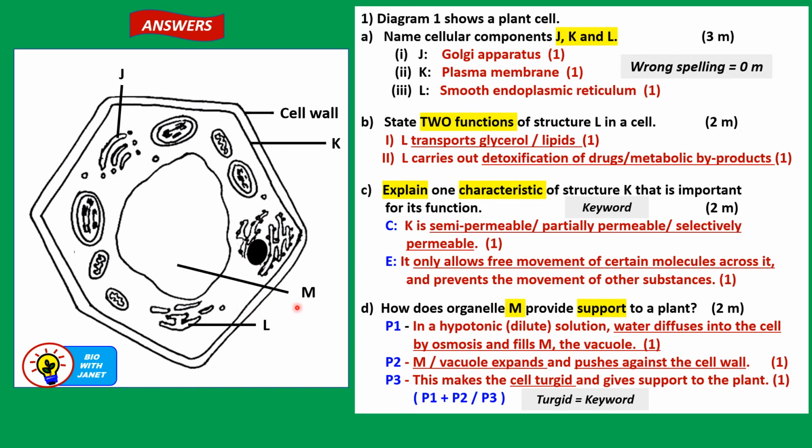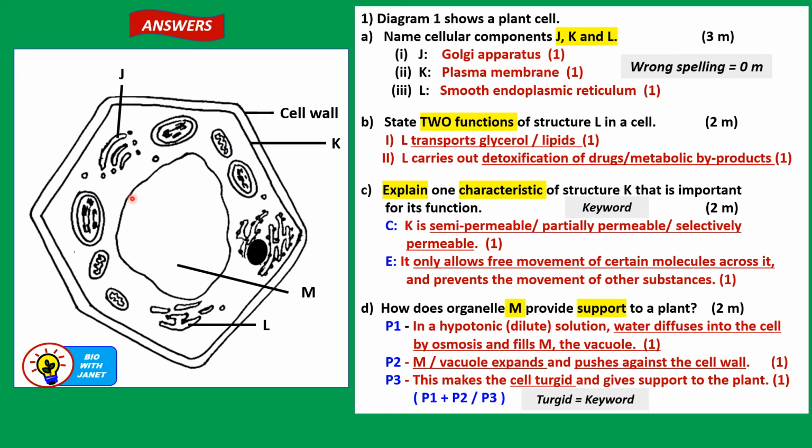So water diffuses into the cell by osmosis when the cell is placed in or surrounded by dilute solution. Then the vacuole will expand, P2 here, vacuole expands or M expands, and when it expands, it will push against the cell wall.